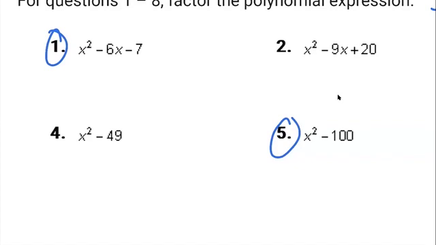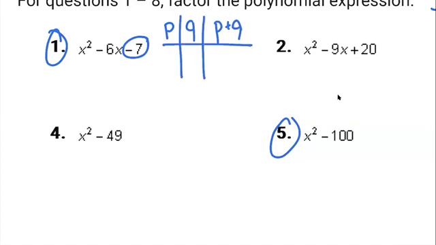Basically what you're trying to figure out is, if I've got a negative sign here and I'm looking for my p and q, when I multiply p and q together, that has to give me a negative number.